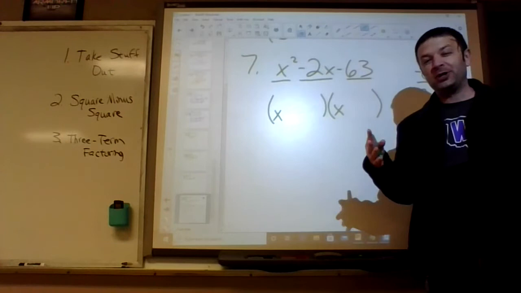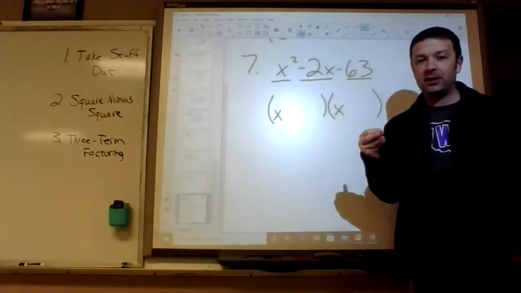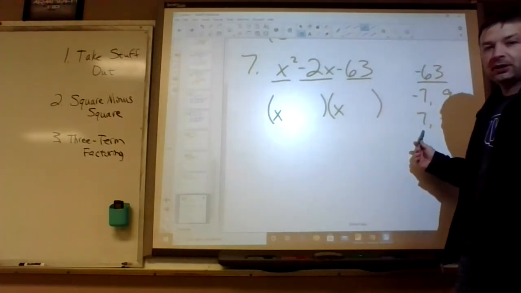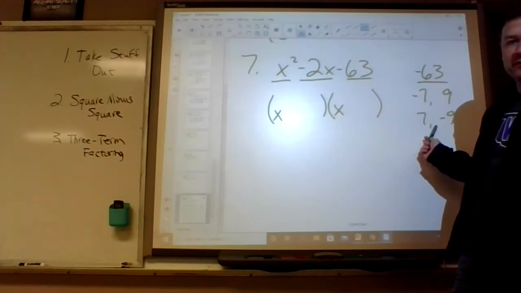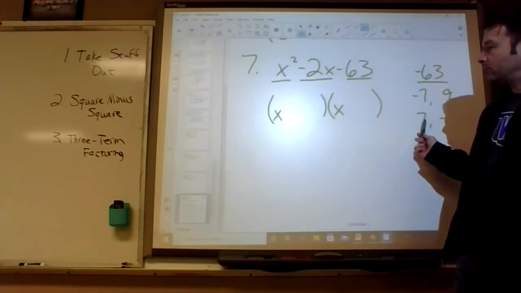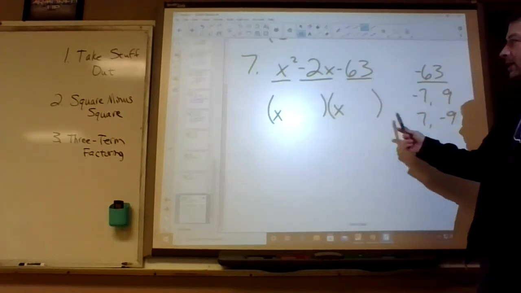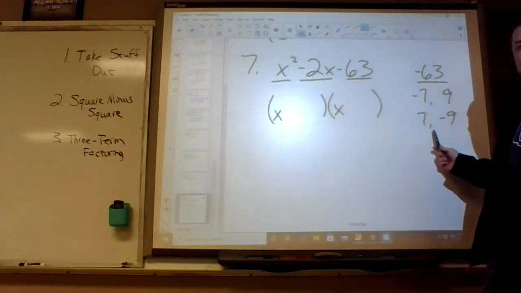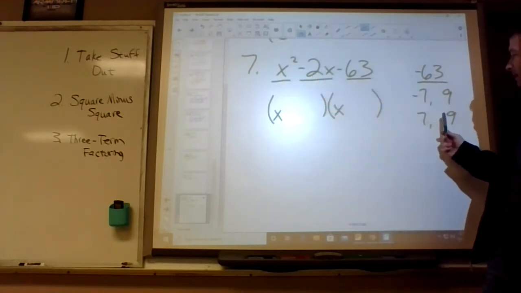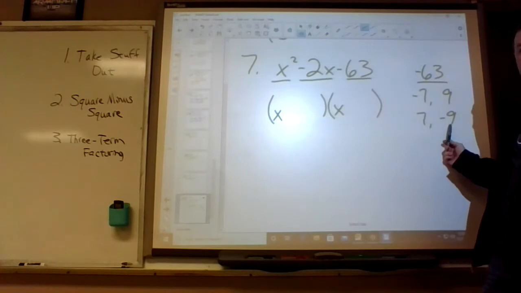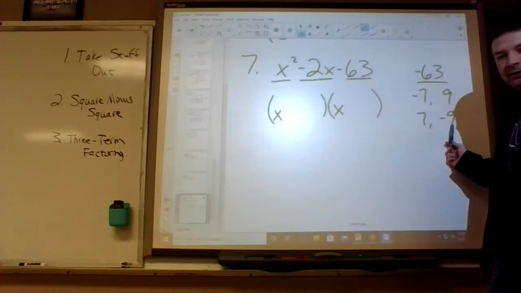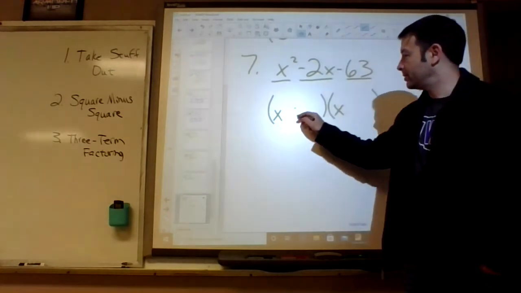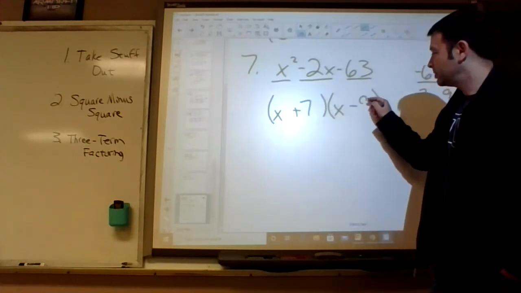It could be like 21 and 3 or something. That also goes into 63. A lot of times it's the first thing you think of that will work. But which of these adds up to negative 2? Which of these pairs? Well, plus 7 and minus 9 make negative 2. So that will be the right one.